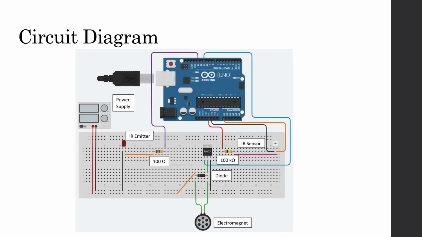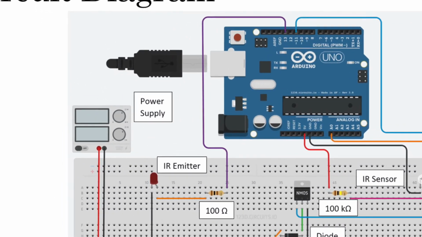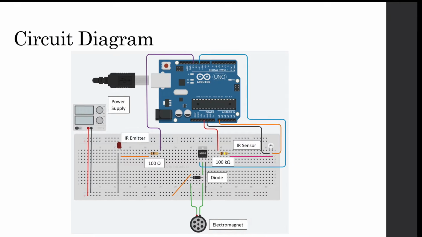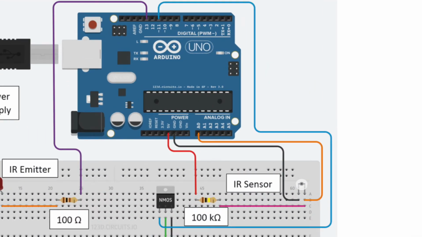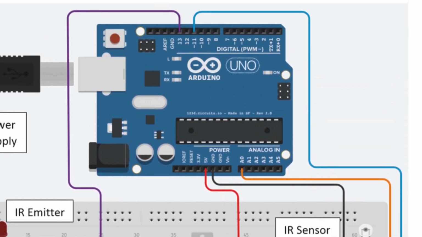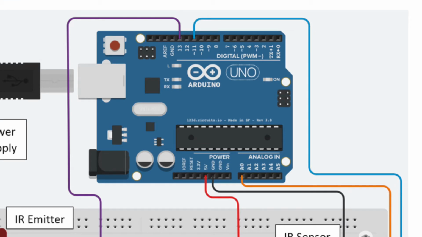The circuit diagram is pictured here, and its connections are as follows. The IR emitter is connected to pin 13 of the Arduino through a 100 ohm resistor. The IR sensor is connected to pin A0 of the Arduino through a 100 ohm resistor, which is connected to 5 volts. The leftmost gate of the MOSFET is connected to pin 11, which allows the Arduino to control the current feeding through the solenoid.